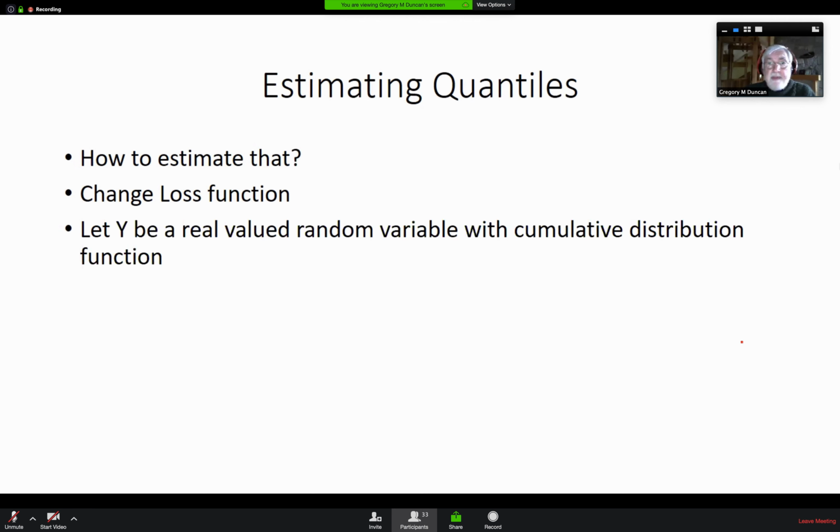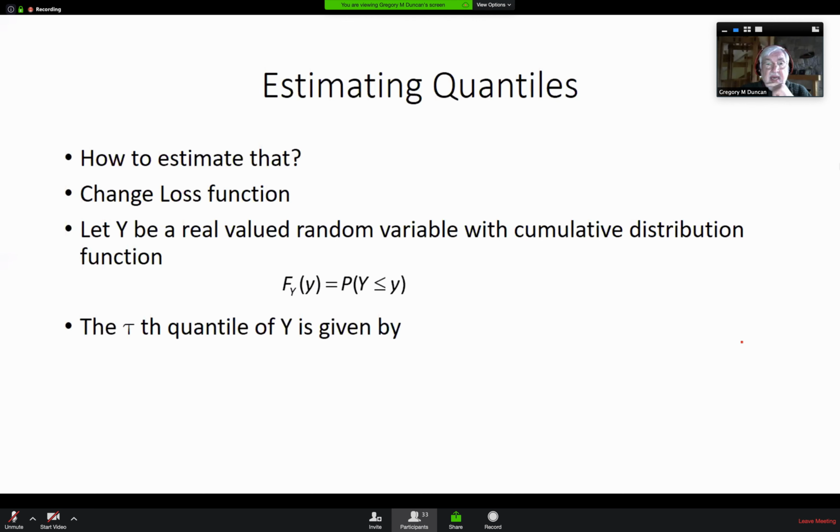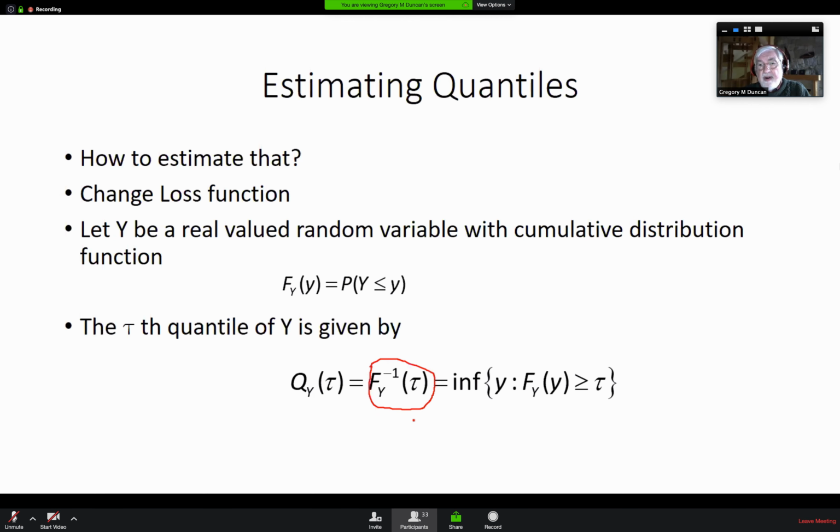So let y be a real valued random variable with some cumulative distribution function, F of y, which is simply the probability that the random variable is less than or equal to y. The qth quantile is given by the solution to a problem. That is, it is the inverse function of F of y.